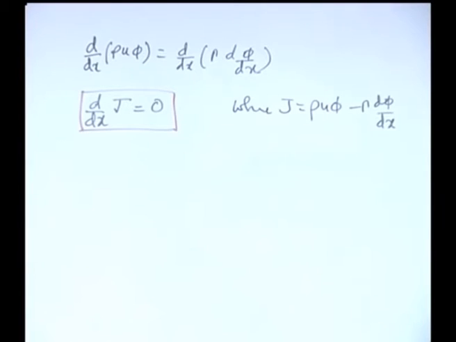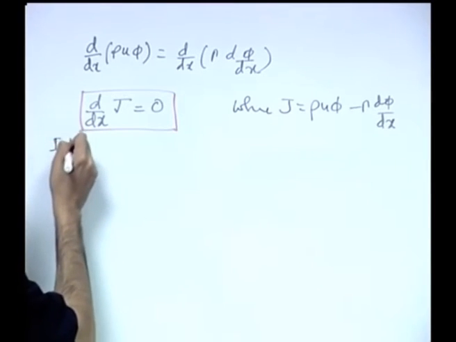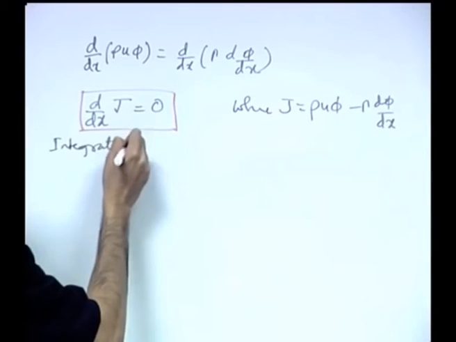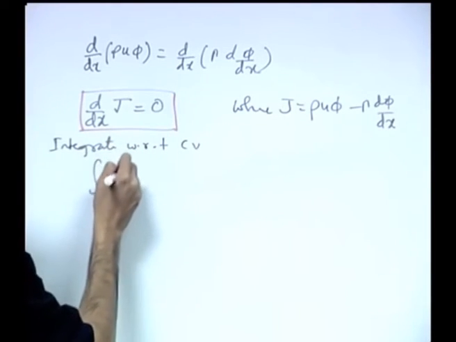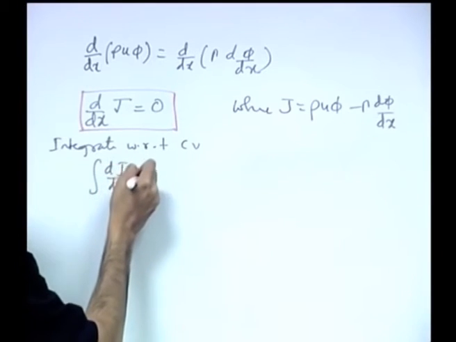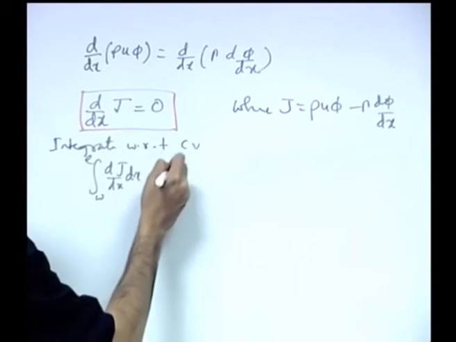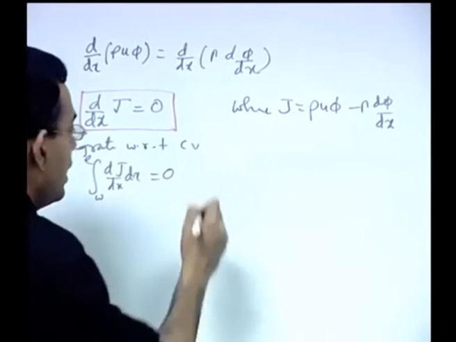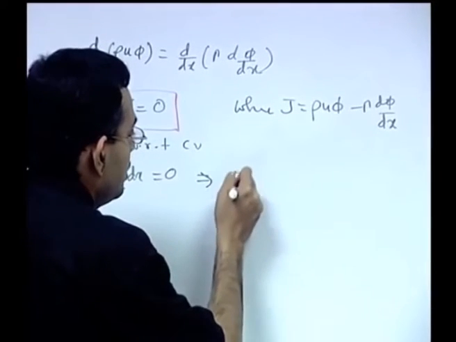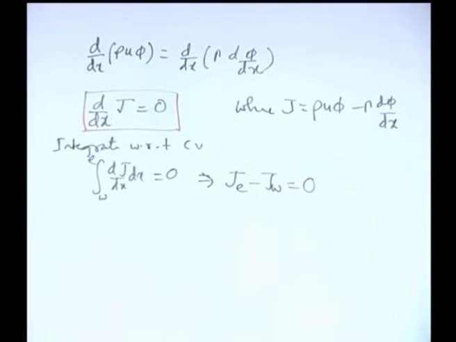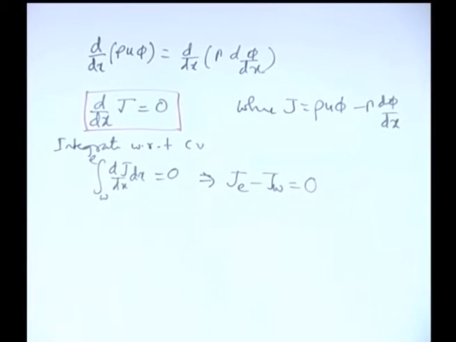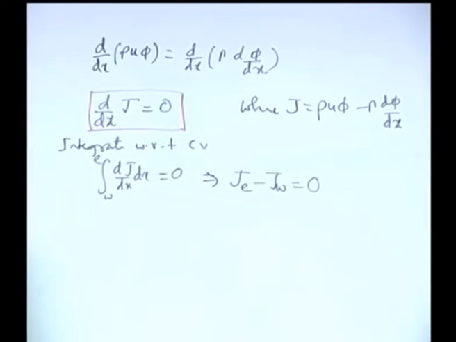What will be the first step when we consider the finite volume discretization? Integrate with respect to the control volume. So, integral of dj dx from small w to small e equal to 0, that gives j e minus j w equal to 0. So, let us calculate j e and j w.